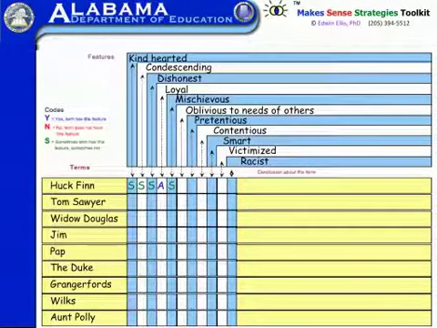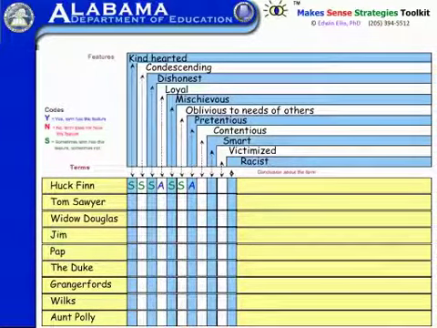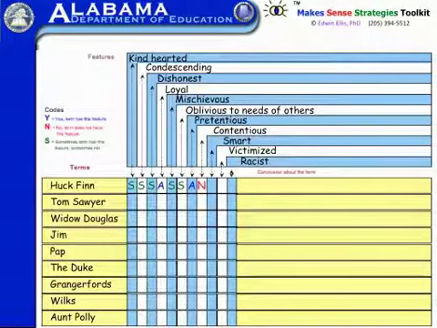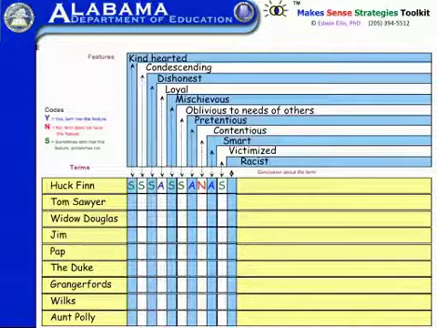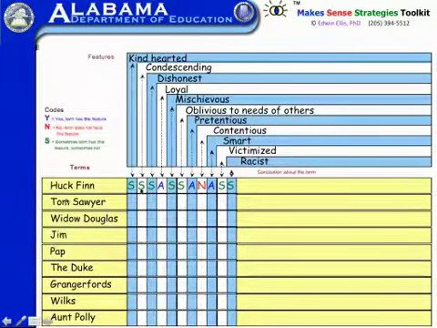He's sometimes mischievous, sometimes oblivious to the needs of others. He's always pretentious. He's never contentious. He's always smart. Sometimes he's victimized, and sometimes he acts like a racist. And so you can see how we've taken that and coded the characteristics, and then as we go through each of these other characters, we can code them the same way.